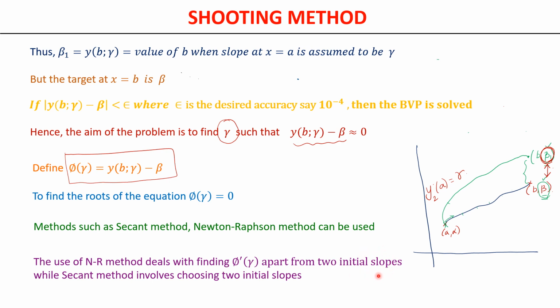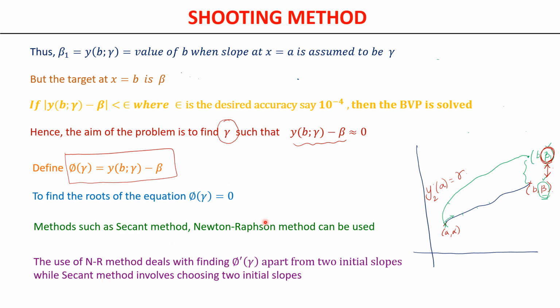So taking up two slopes and then dealing with the NR method becomes quite tedious. So instead of Newton-Raphson, though it is one of the famous and most proven methods, we apply the secant method, wherein no differentiation of the term is required. Rather, only the choice of two initial slopes is needed in order to perform the secant method.